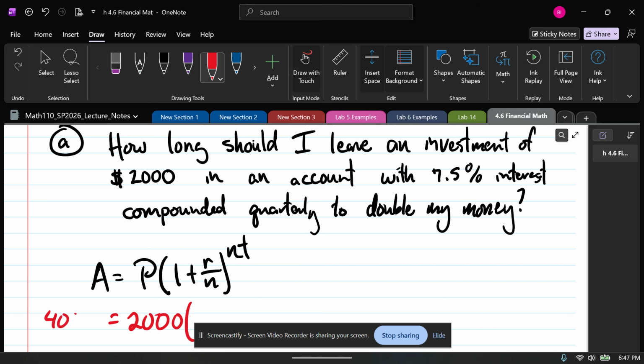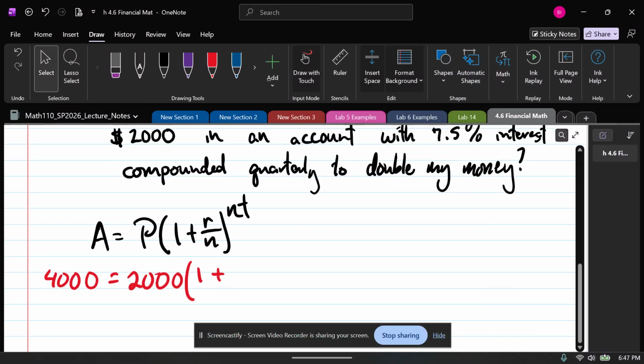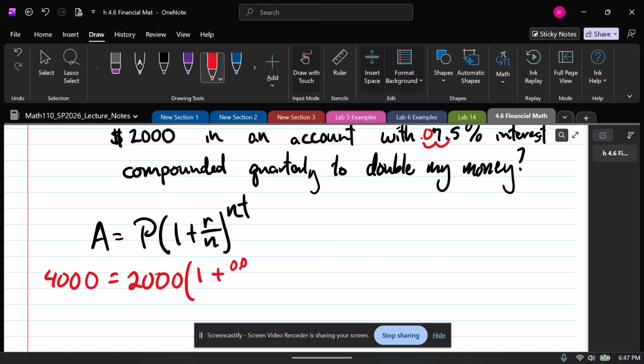So that goes there. What's my interest rate? 7.5%. What is that as a decimal? Move it to the left twice. 1, 2. 0.075. Compounded quarterly. What's N? 4.